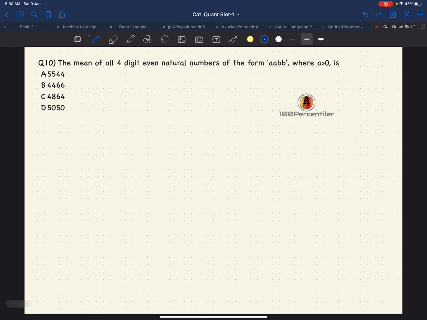Now here we are given the mean of all the 4-digit even natural numbers of the form AABB, where A is greater than 0. Now, as it's an even number, we know that B can only take the values 0, 2, 4, 6 or 8.